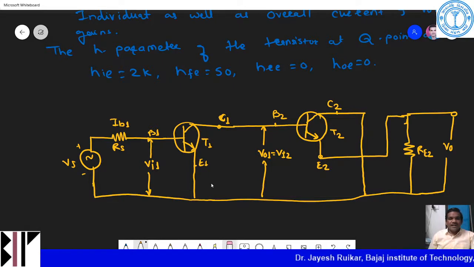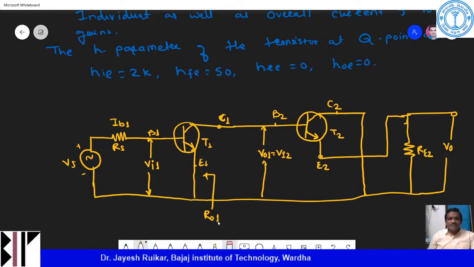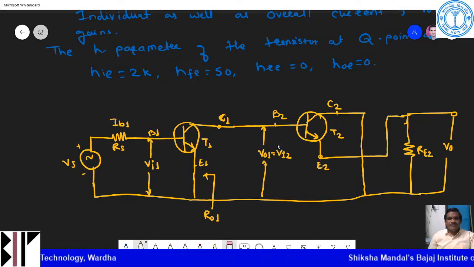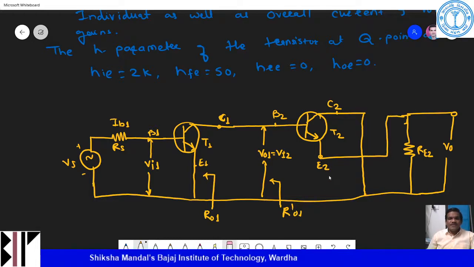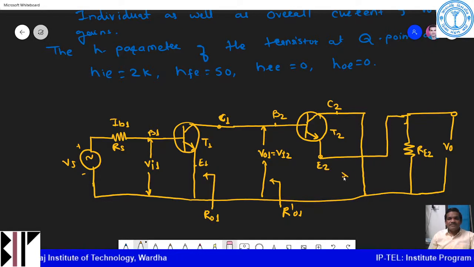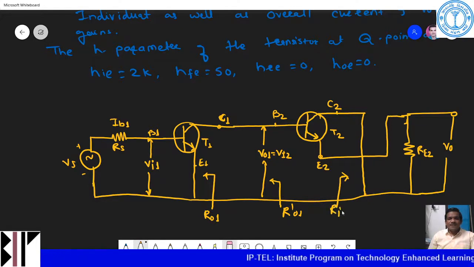If we calculate the output resistance, you can see the output resistance RO1. In a similar way, the output resistance at this side is R dash O1. Then the input resistance at this collector side, if you see from this end, is Ri2.